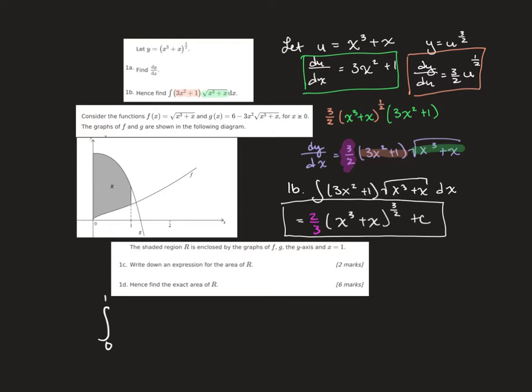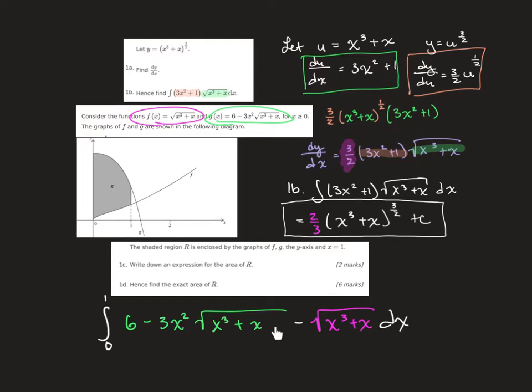So g, which is this, so we're going to have 6 minus 3x squared times x cubed plus x minus f, which is this one, the square root of x cubed plus x, all of that dx. That right there is your answer for 1c. It is the expression for the area.